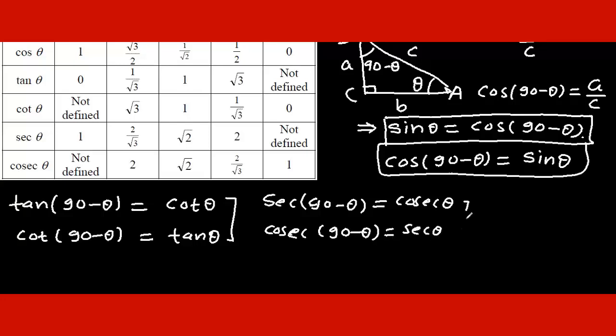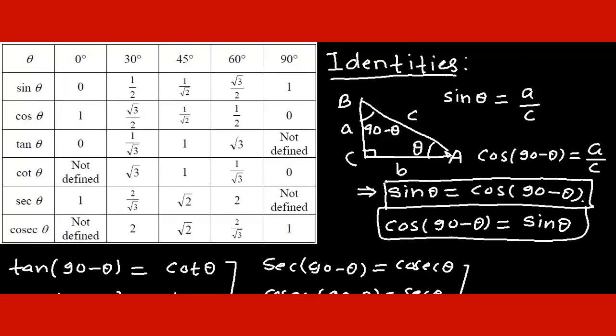Okay. Now we can verify these results from the table also. You can see the value of sine for 0 degree is for cos 90 degree, sine 30 is cos 60, and sine of 45 is cos 45, sine 60 is cos 30, sine 90 is cos 0. Okay.